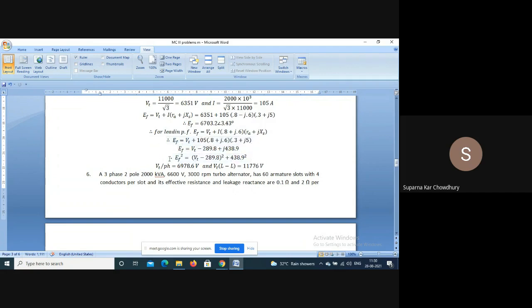So from this equation we can calculate EF. For leading we have kept the excitation constant, so EF will be this value. So from here we will get the new value of VT. So VT per phase will be this. So VT line will be root 3 times this. So this is leading, so your terminal voltage will be more.